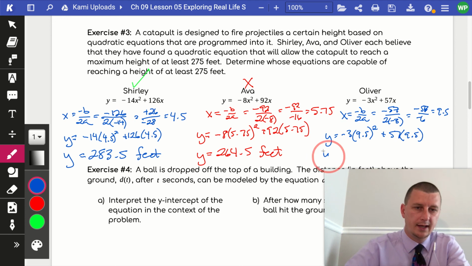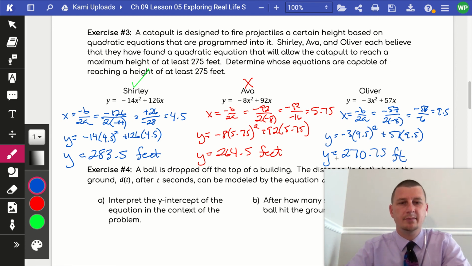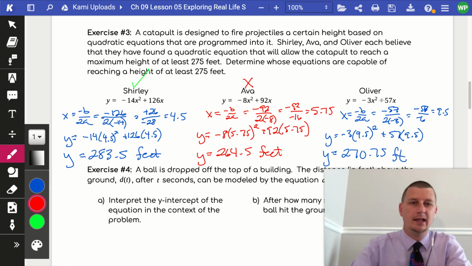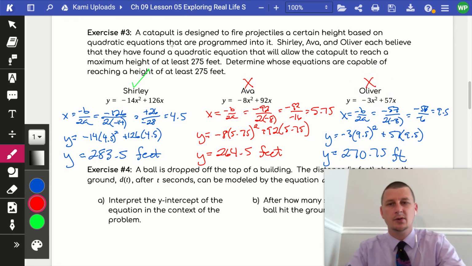And we're going to get a maximum height of 270.75 feet. And 270.75 feet is not at least 275 feet. So again, Oliver's equation is not going to work either.